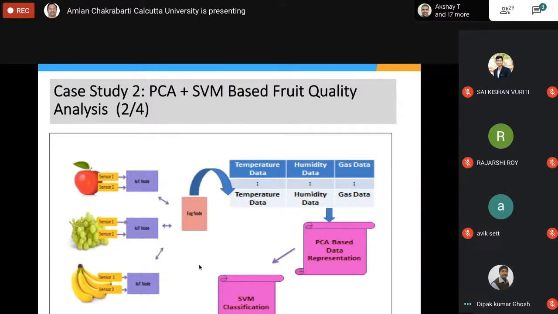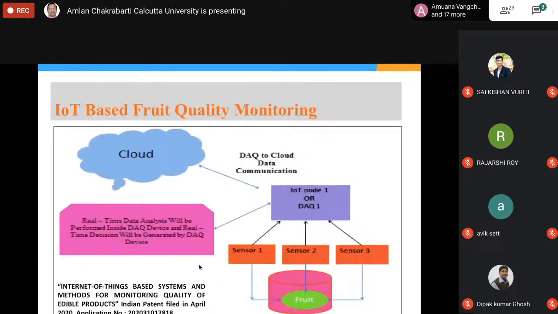So these are the things which we try to detect with our sensors, and then there is a process flow which connects it to a DAC, to the cloud, or to the fog, and we can do very real-time analysis of a large area where fruits are stored. So this has been patented. We have filed an Indian patent on this food monitoring system, and it's not only fruit.